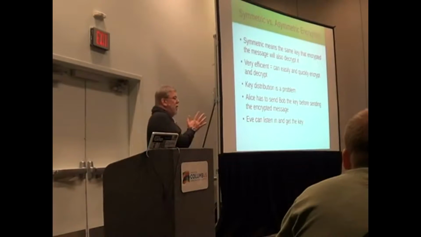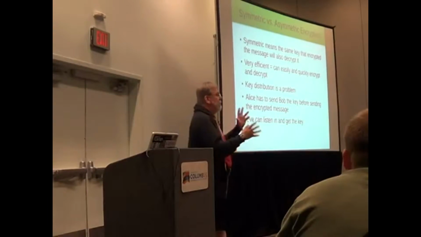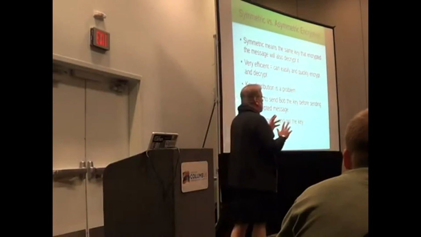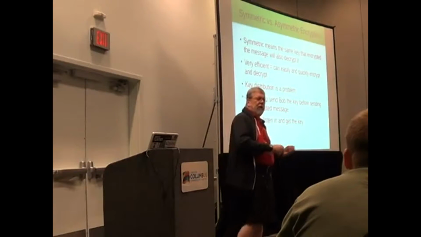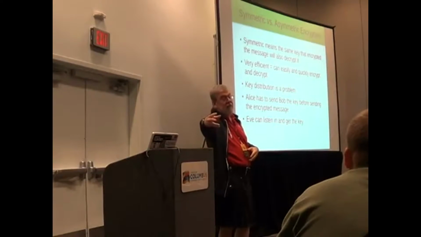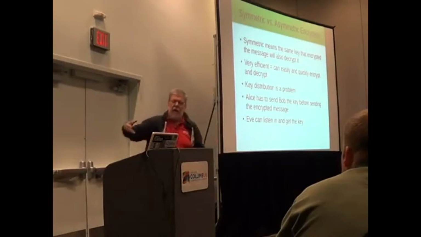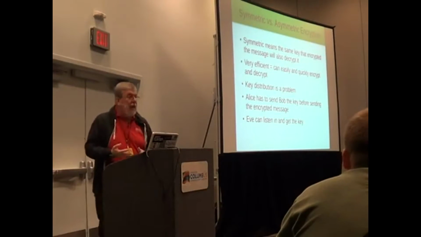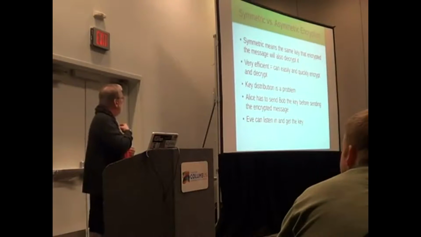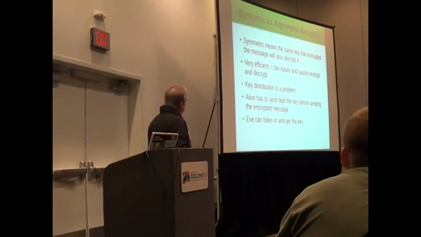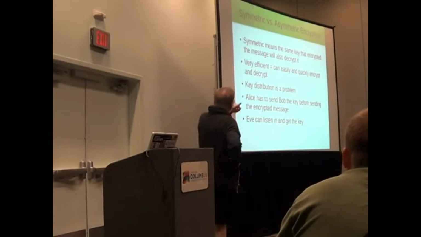Now, the next thing you want to understand is symmetric versus asymmetric, because when we talk about key pairs, we're talking about asymmetric. You know, the key that encrypts is different from the key that decrypts. That's what makes it asymmetric. There's also symmetric, and that's when the same key encrypts and decrypts. Now, the thing that we want to understand is that symmetric is a whole lot more efficient.